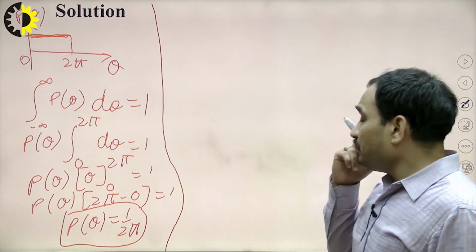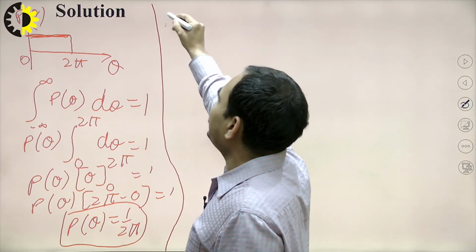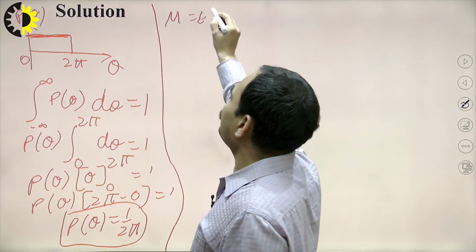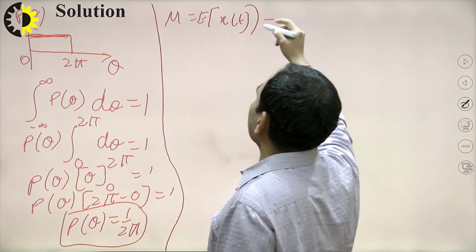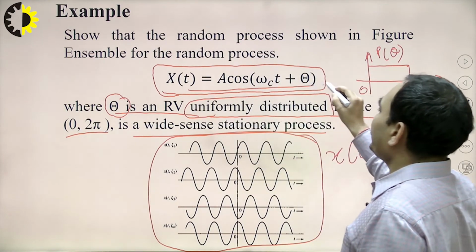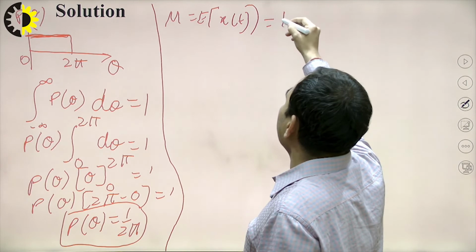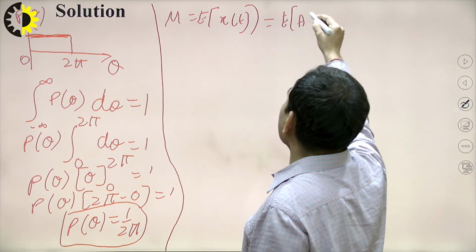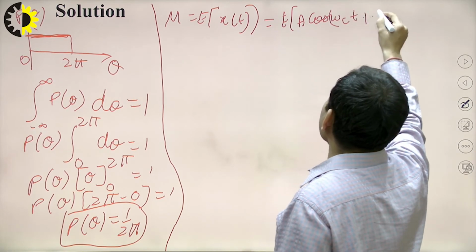Now we can find the mean. According to the definition of the mean, we can write it as mu, or expectation of x of t. X of t is given by A cos of omega c t plus theta. So we are writing it as expectation of A cos of omega c t plus theta.